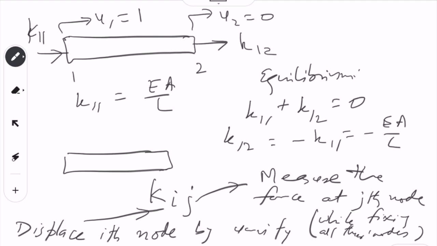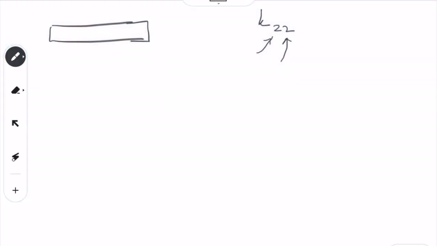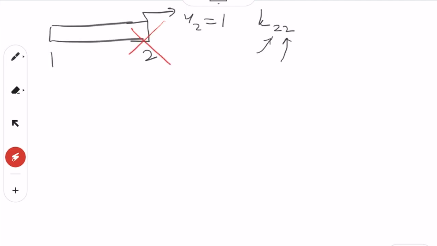So, you are not fixing the one which needs to be given unity displacement. So, in this case this is 1 and 2. Since you are going to give unity displacement here, U2 equal to 1, you are not going to fix it. All other nodes have to be fixed.